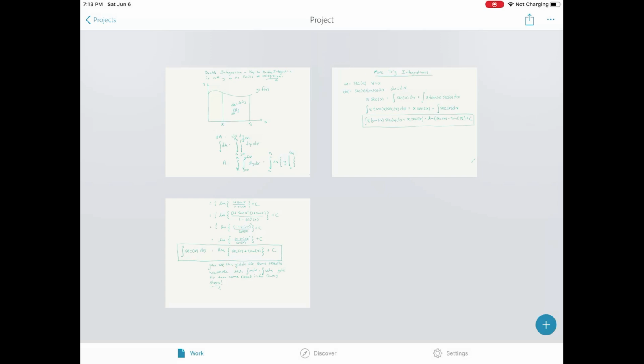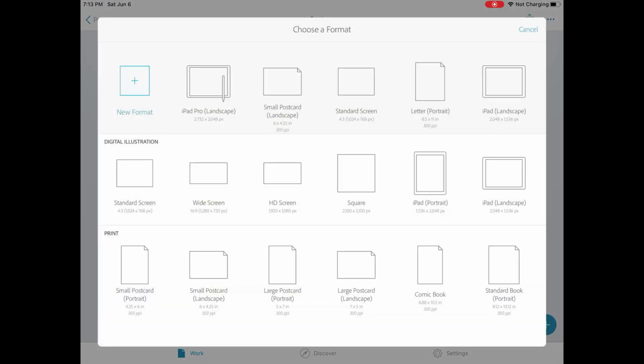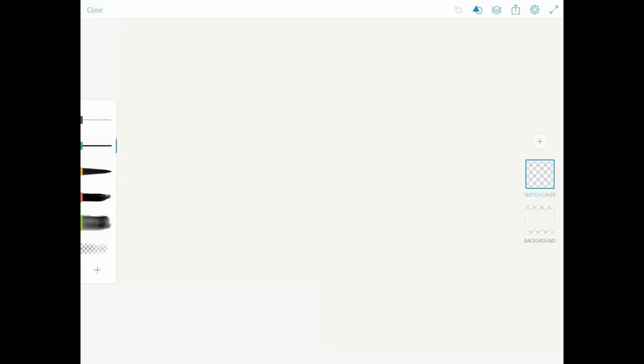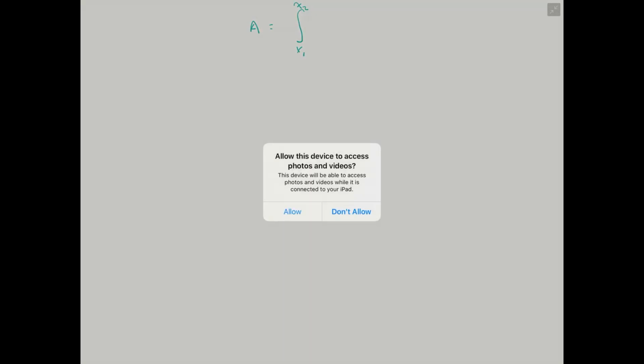We're going to need a little more room. Get a new page. The area equals the integration between x1 and x2 times f of x dx.